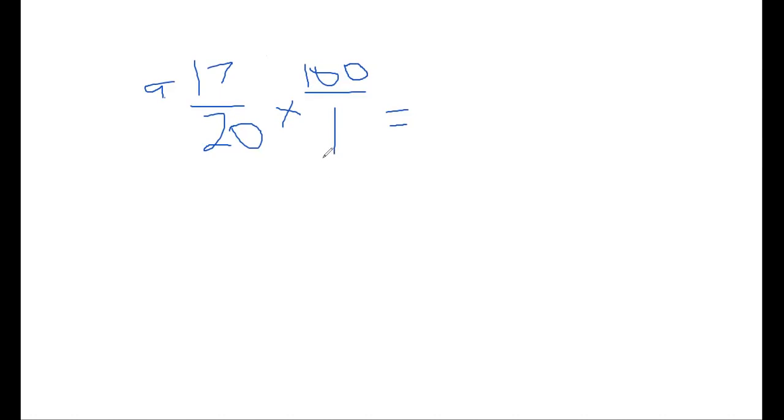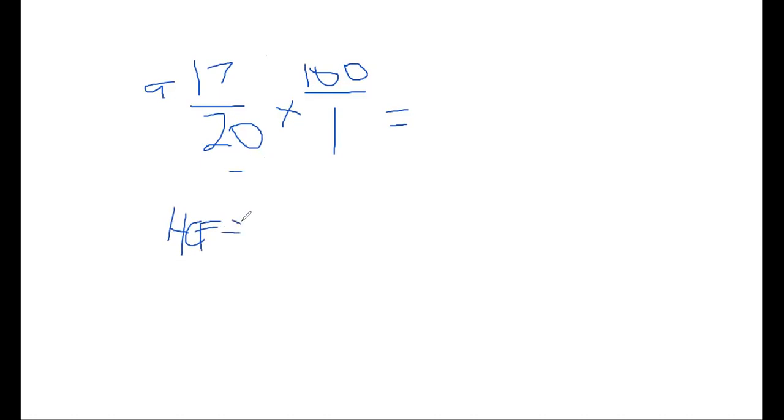It's 1, and you know 1 won't change anything, right? So here we have 20 and 100. We must get our highest common factor. So what is our highest common factor? It's 20, guys.